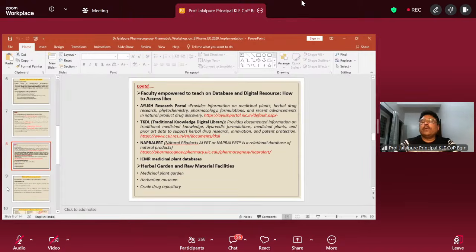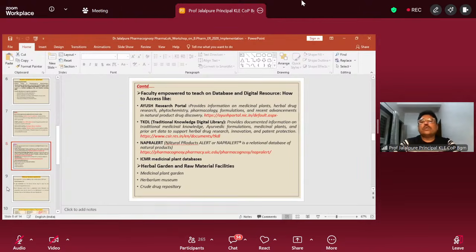Every day a lot of Ayurvedic formulations come into the market, along with medicinal plants and prior art data to support herbal drug research, and how patents can be protected in natural product research. All this information is available in this digital library. So our faculty should be aware of all these digital resources to teach our students.